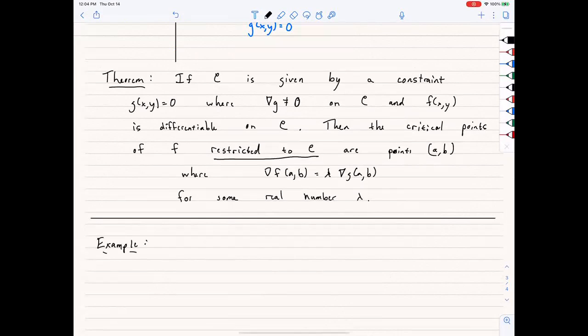Before we had this function g of x, y equaling y. This is that red curve that we drew, just the x-axis, y equaling 0.